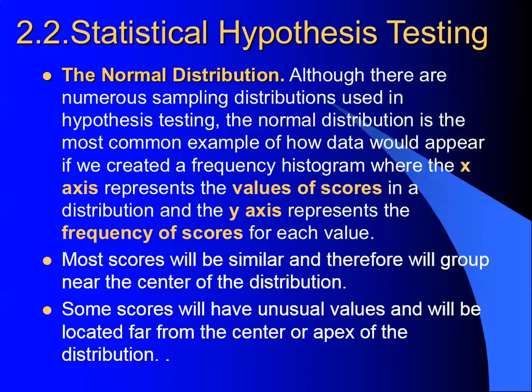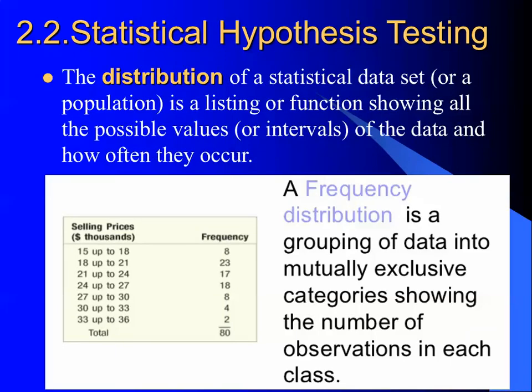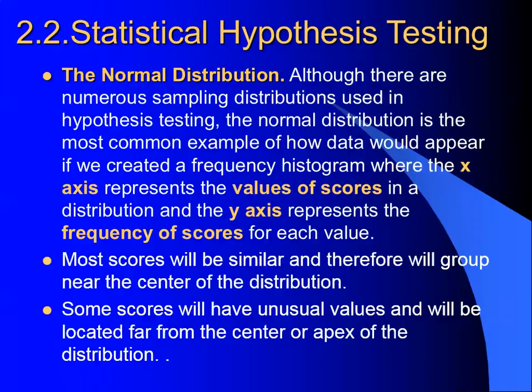With normal distribution, we create a frequency histogram where the value of the score is displayed along the x independent variable axis, and the frequency of scores we put in the vertical direction, along the y axis. So the sampling interval we identify as the x variable and frequency as our representation of the y distribution.